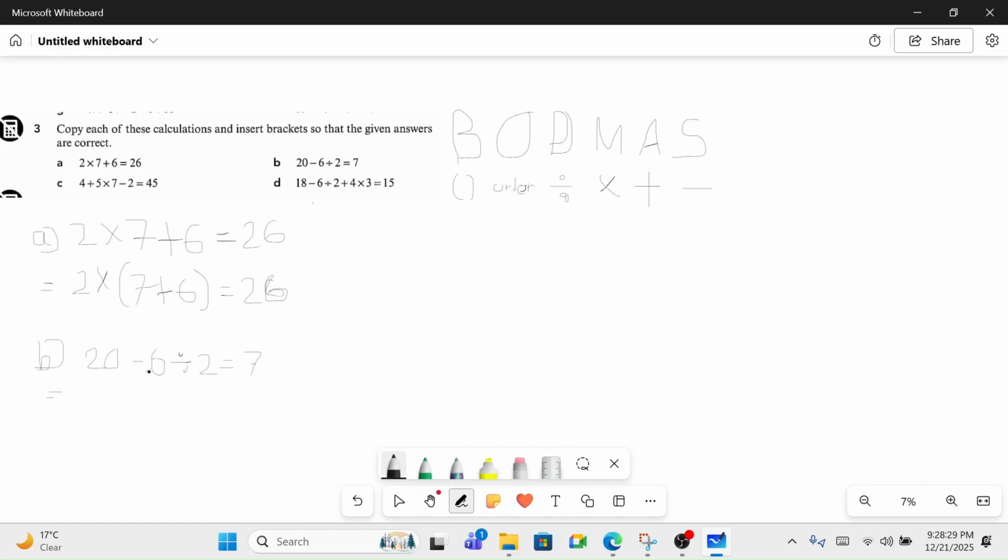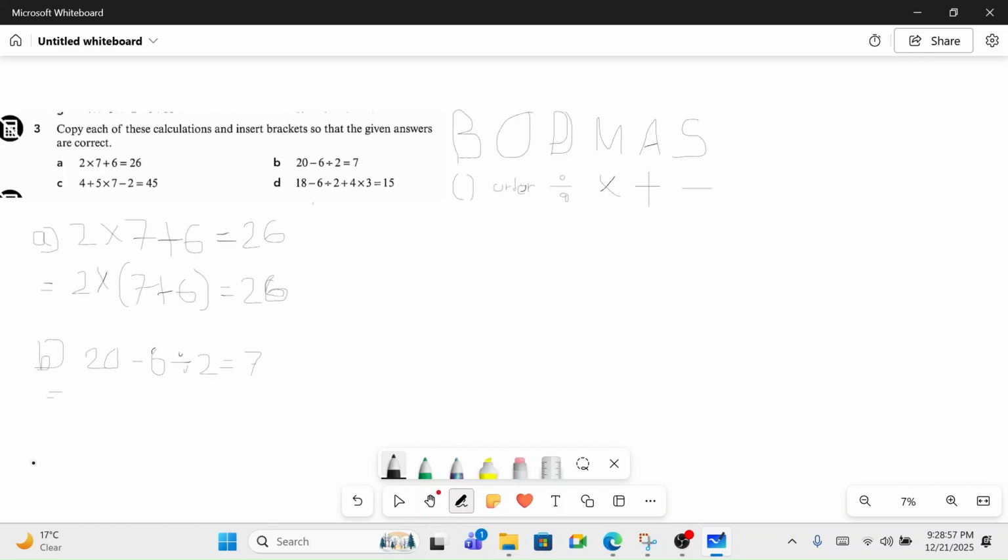Here again we have to use brackets because, if you don't use brackets, 6 divided by 2 will give us an answer of 3, so minus 6 divided by 2 is minus 3, and 20 minus 3 will not give us an answer of 7. It gives us an answer of 17.